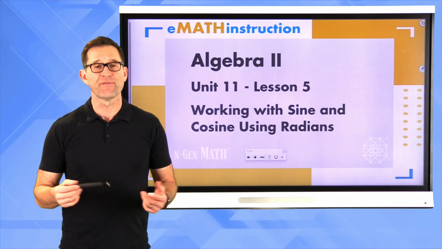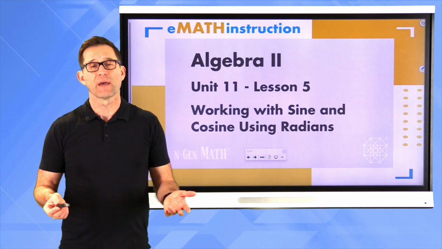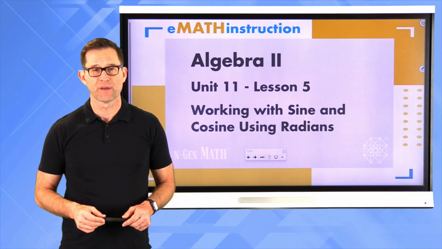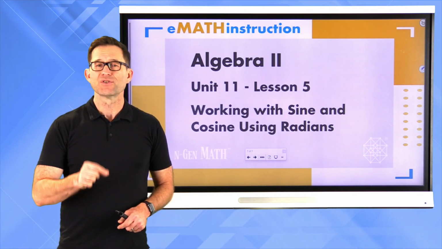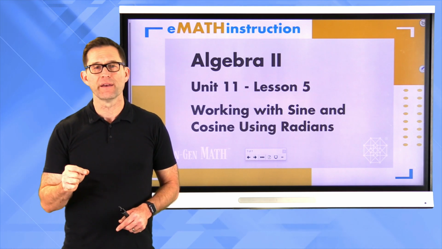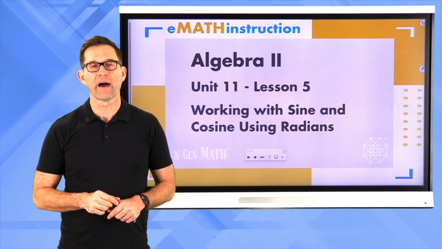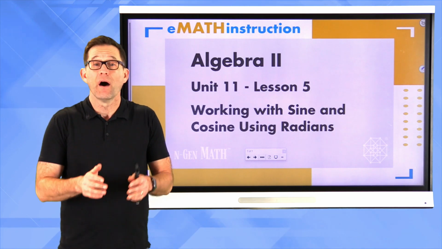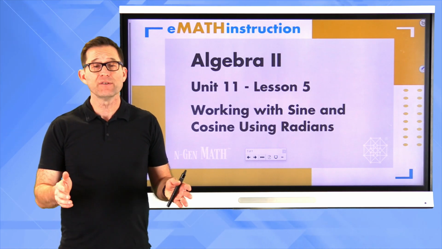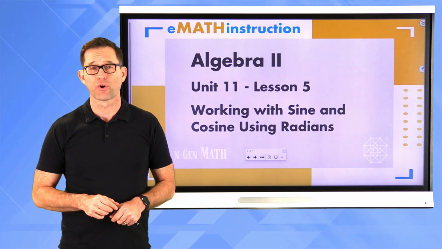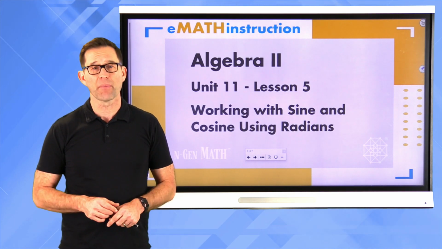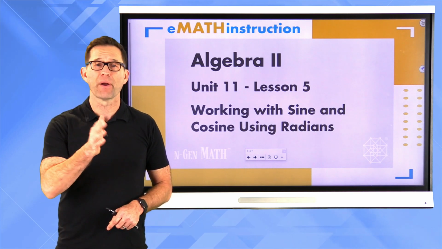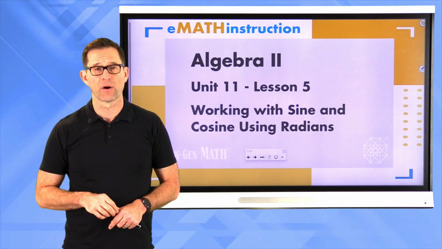The reason those first quadrant angles are so important is that when you look at an angle like 5 pi over 3, you can say 5 pi over 3 can't be reduced, and therefore its reference angle is pi over 3, so it will have a sine and a cosine with the same absolute values as the sine and cosine of pi over 3. You then just have to determine what quadrant the terminal ray of 5 pi over 3 lies in, and I encourage you to do that by thinking about fractions and comparing it to where the quadrantal angles are on the circle.